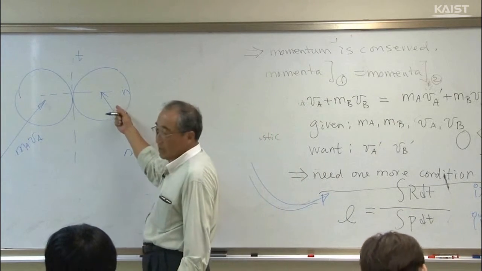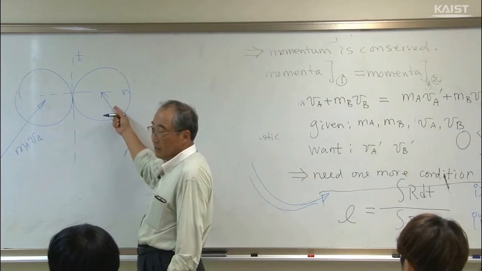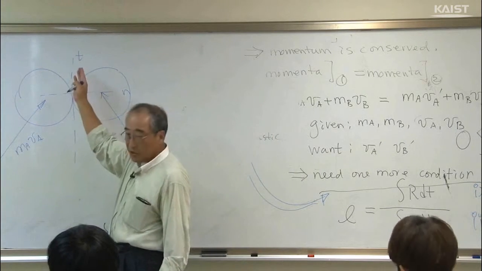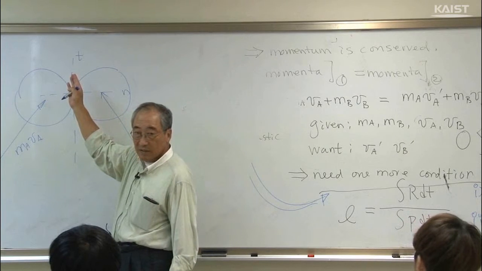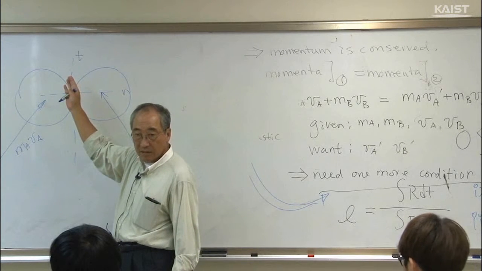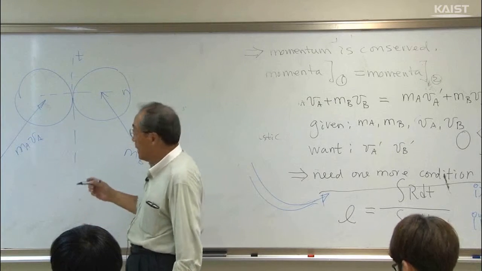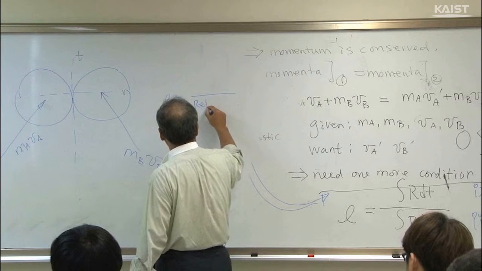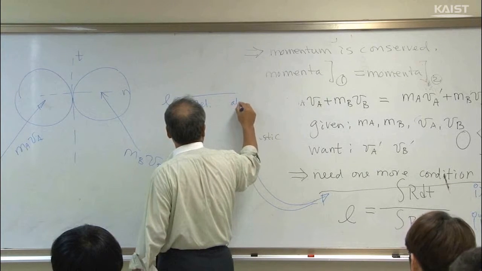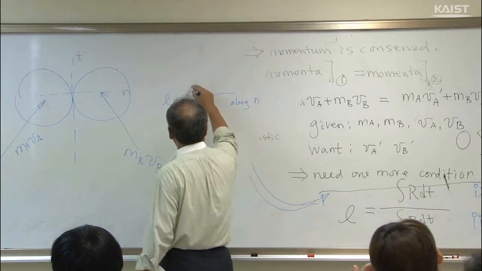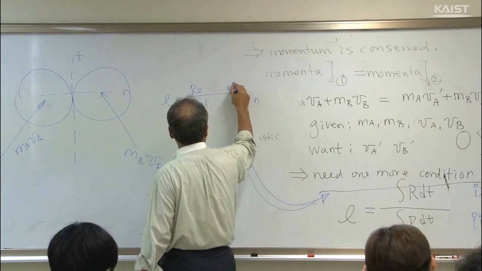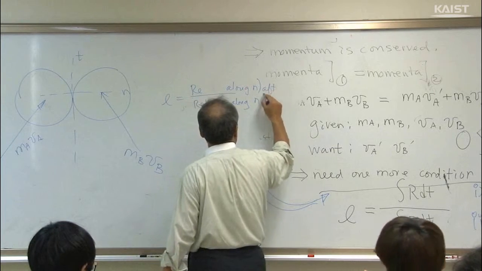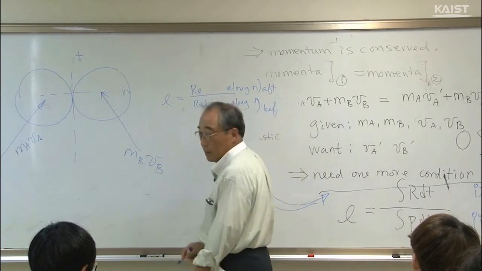And we apply the coefficient of restitution to the relative velocity along line n, after impact and before impact.